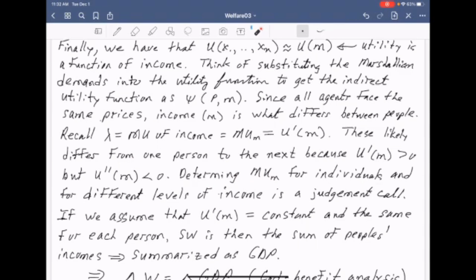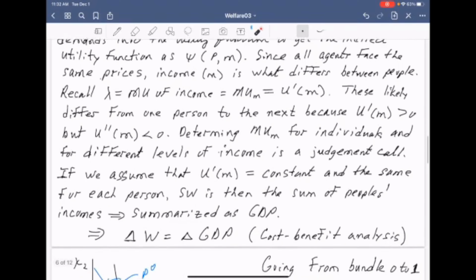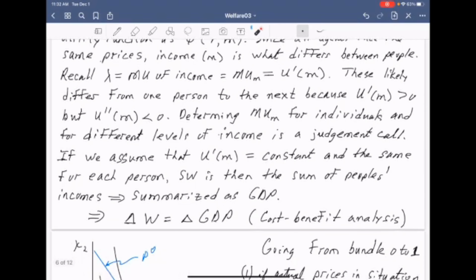So what's often assumed is that the marginal utility of income is constant, and not just constant for an individual, but that the same marginal utility of income applies to all people. In that case, the social welfare is then the sum of people's incomes, and it's summarized as GDP, if you like, with some modifications often for non-market values.